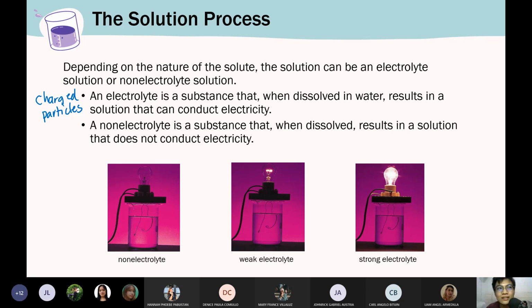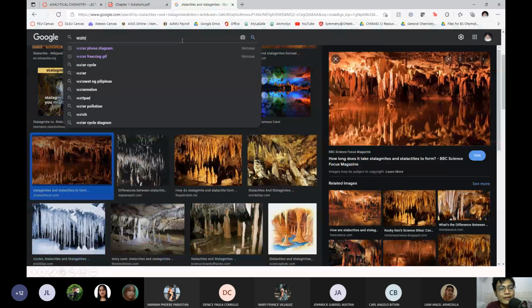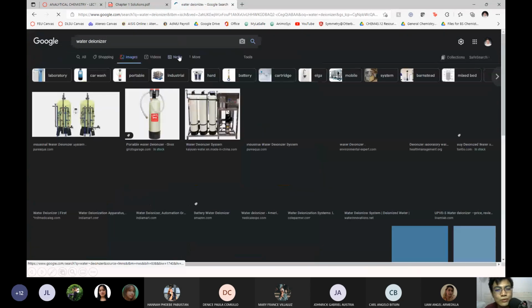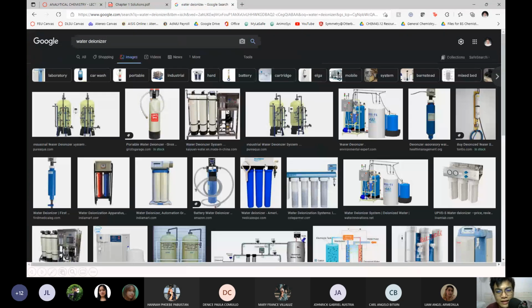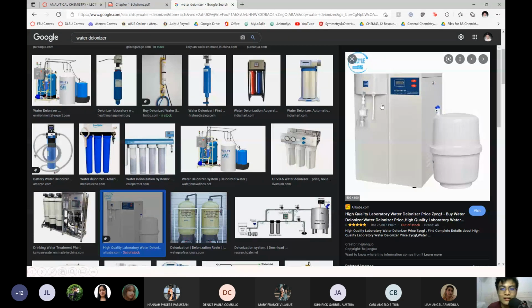Kasi in cleaning devices, they have this called deionized water. Okay, and in chemistry laboratory we also have that, no. Ito yung water deionizer namin. So this is how the water deionizer looks like in the laboratory. Okay, sa chemistry, diba, pumipila kami dati dyan.